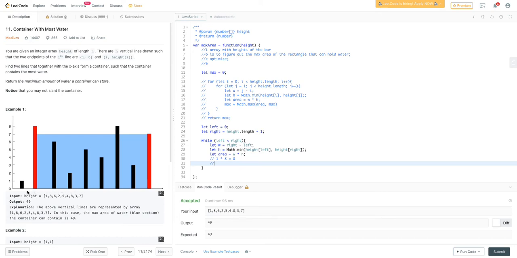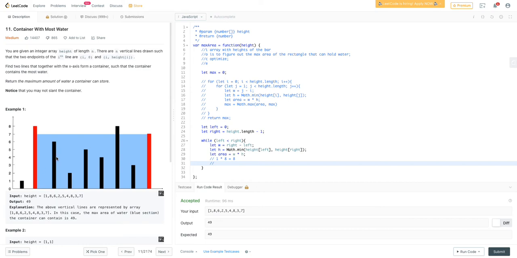So in this case, our index is 1, and in here is still 8. So the difference would be 7. And since we said that we would pick the minimum height between these two, because that's how much water it can hold, we have 7 as a height as well. So if we do width times height, we would get 49. So that would be our answer.